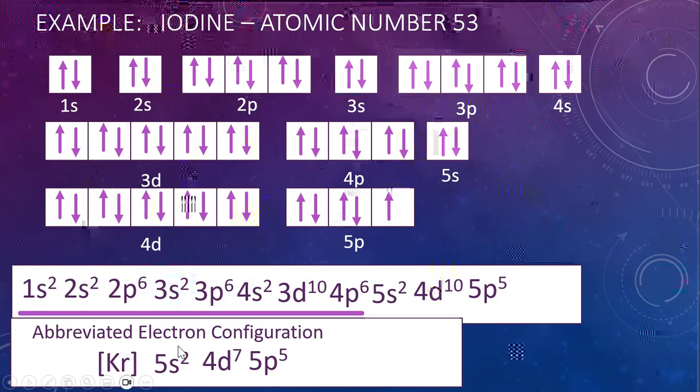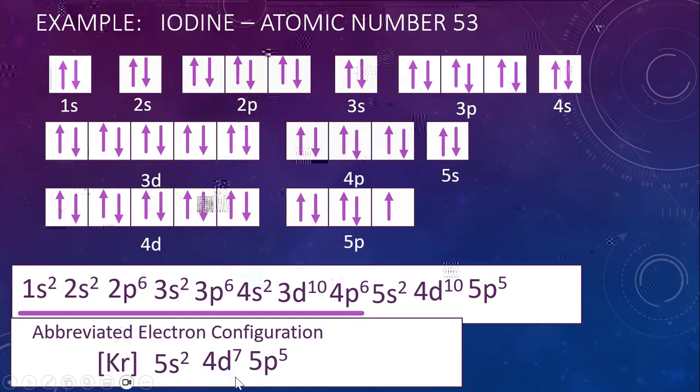So we have 5s2, 4d10, 5p5. So in the notation for this atom, the 5 is the highest number out front. So how many total electrons are in all the 5s? It's 2 plus 5, or a total of 7.